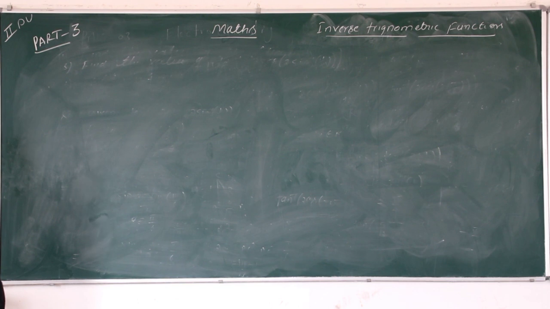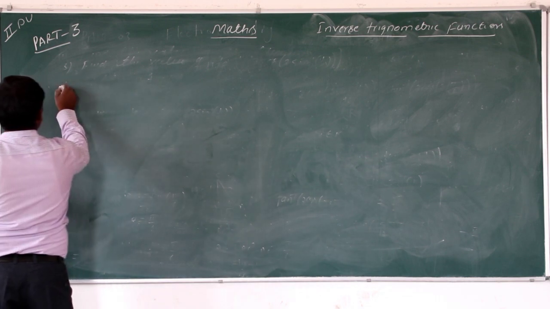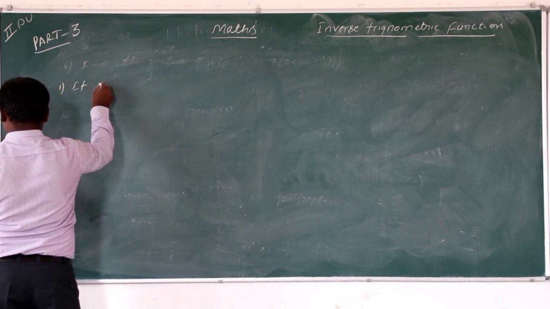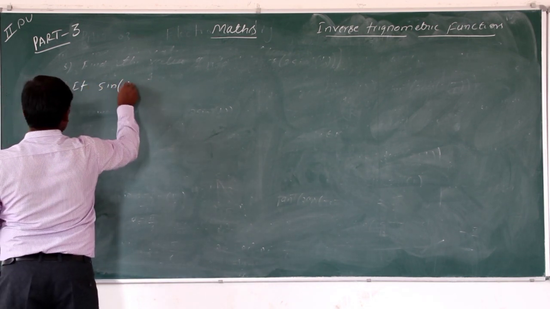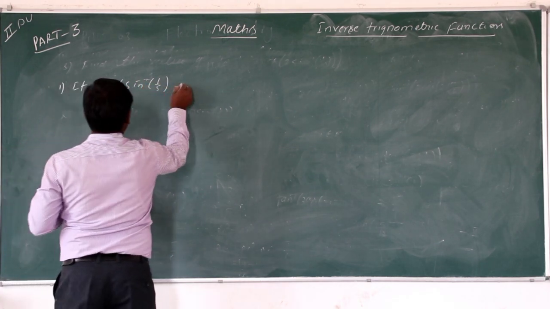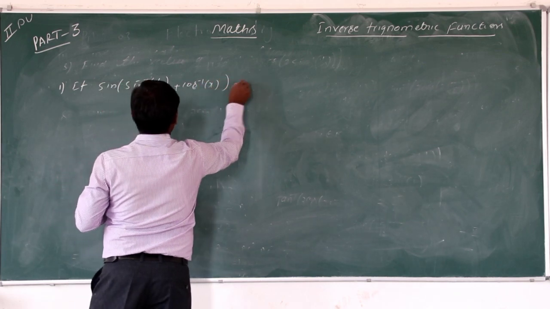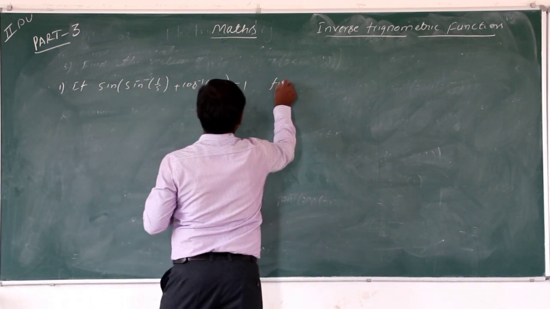Next problem. If sin inverse of 1 by 5 plus cos inverse of x is equal to 1, find x.